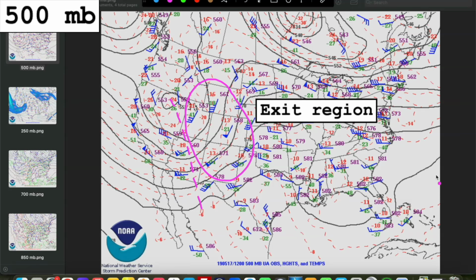Lift is maximized in the exit region of the trough. Lift is one of our most important ingredients for severe weather. And so the exit region of these troughs is where the chances for severe storm initiation are greatest, because the lift is maximized in that portion of the trough.